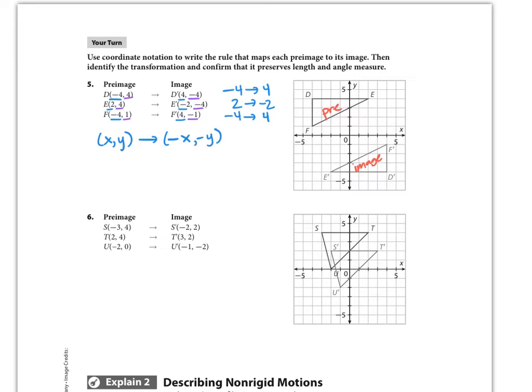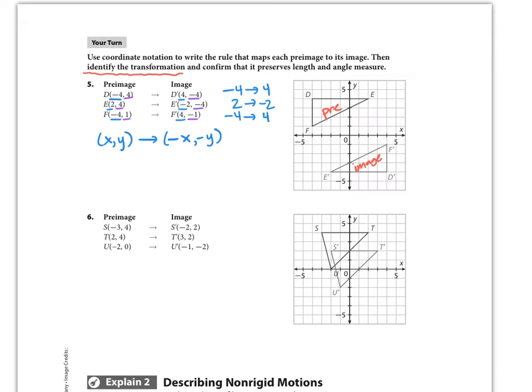I'm not worried about this right now since in the next few lessons, in fact the next module, we're going to be looking more closely at translation, reflection, and rotation. So don't worry about this part so much. If you know what type of transformation it is, cool. But we're going to skip over that actually.